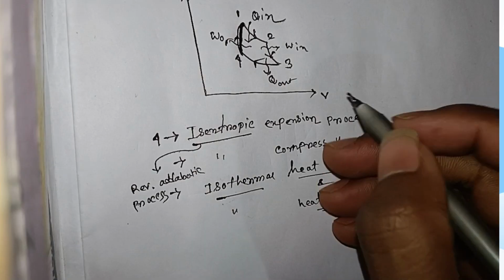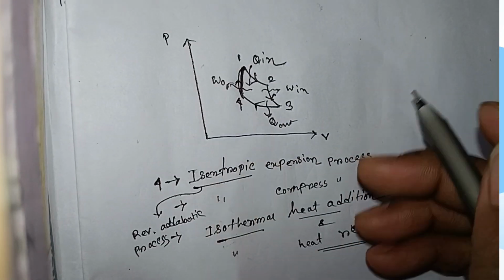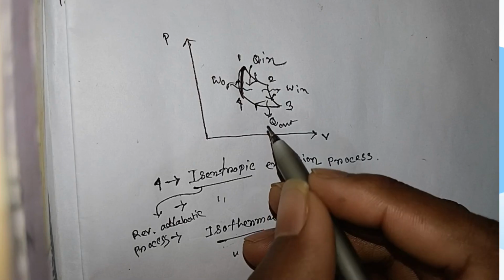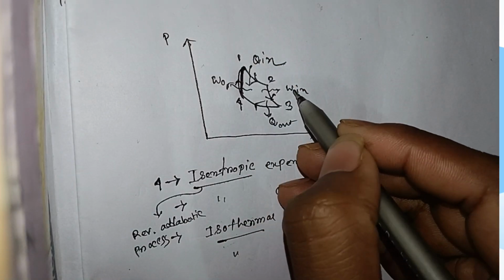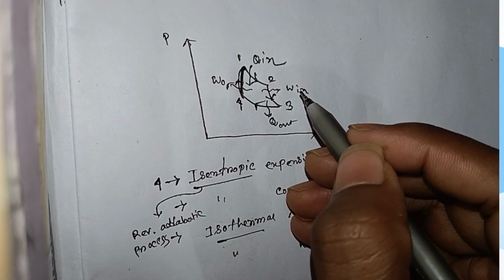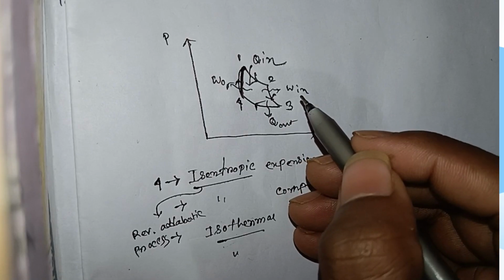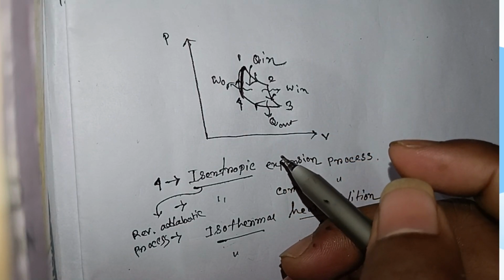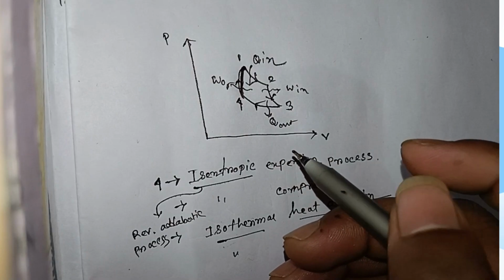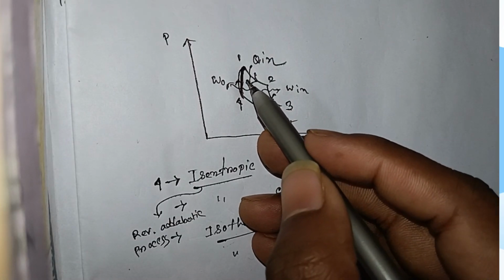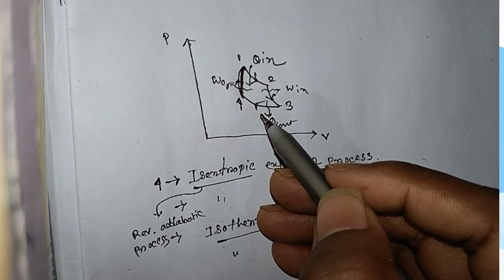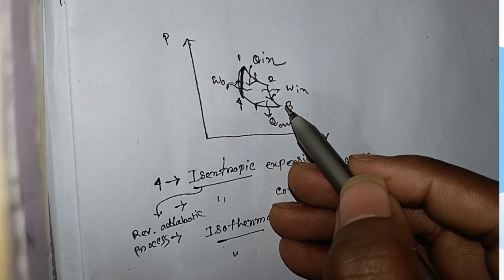Practically this process is impossible to achieve because the total process is fully reversible, a completely reversible process. Okay, externally reversible and internally reversible process. When all processes are reversible, then we can say that the process is internally reversible.